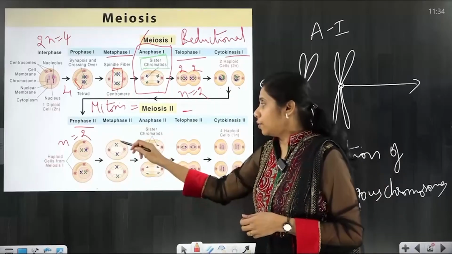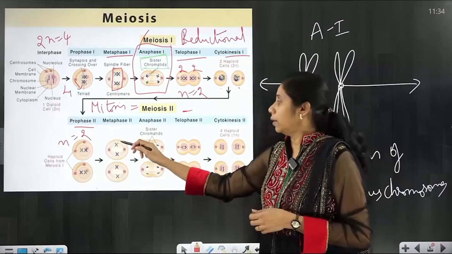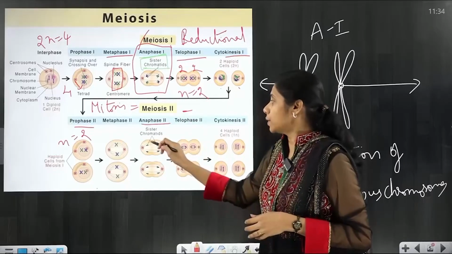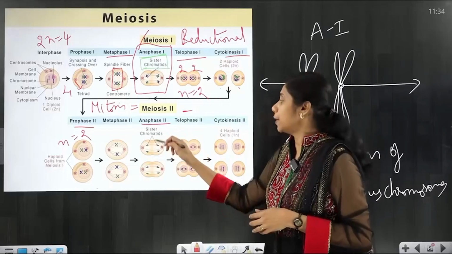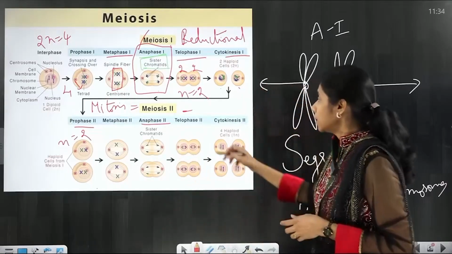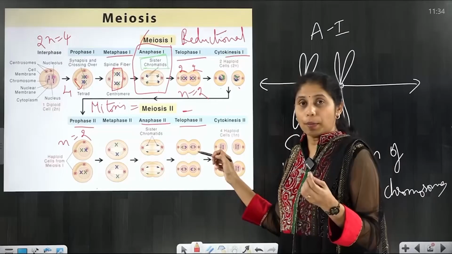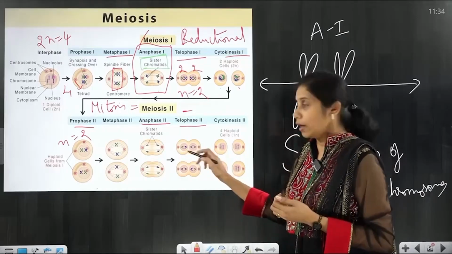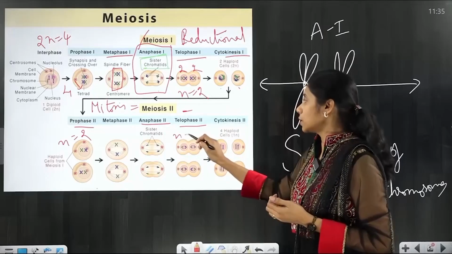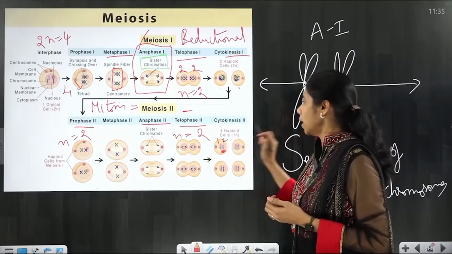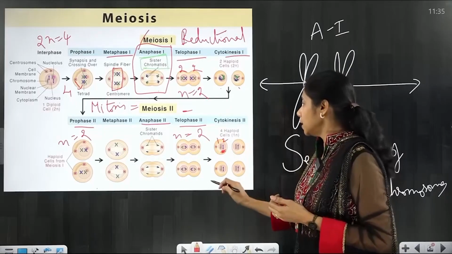And in metaphase 2, all of them will be arranged in the equatorial plate, and then in anaphase 2, sister chromatids will separate because of the splitting of centromere. And later in telophase 2, here all of you can see the green one and purple one. I hope you can see them clearly. So here each daughter cell will be receiving only 2 chromosomes, so n is equal to 2.